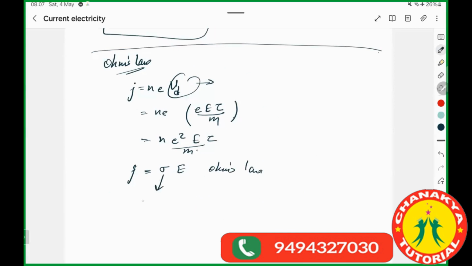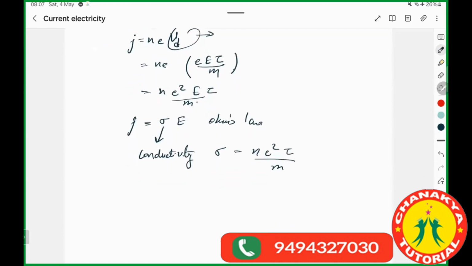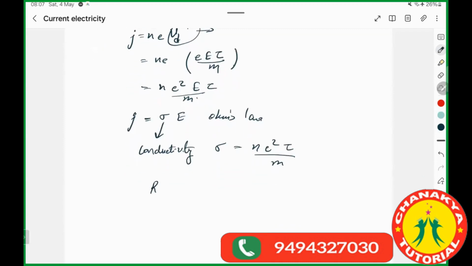Now sigma is the conductivity. Sigma equals n e squared tau by m. Resistivity is 1 by sigma.